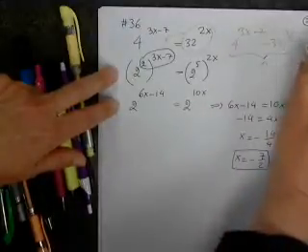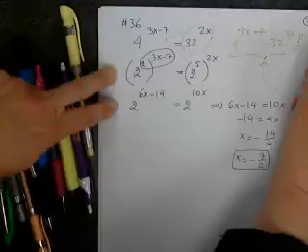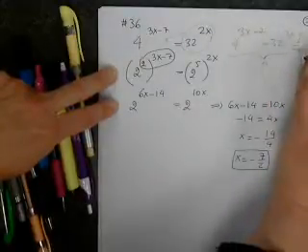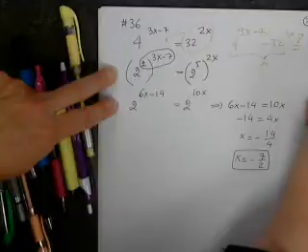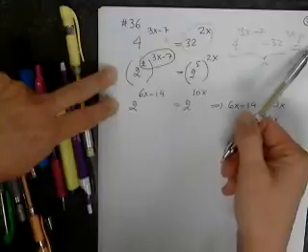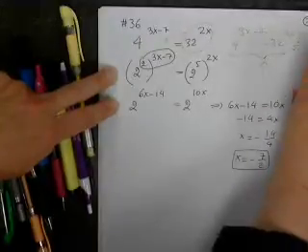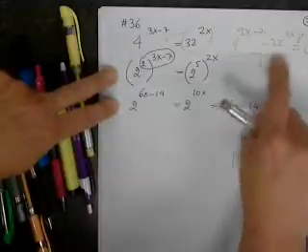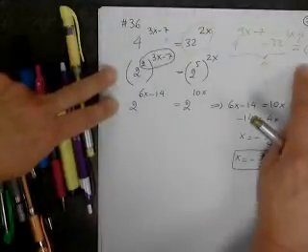What should I get when I plug it in? What should the answer be? When I move this quantity to the other side, what is left on the right? 0. Of course. Only this number will get us 0. If you plug in any other number, it's not going to give us 0.